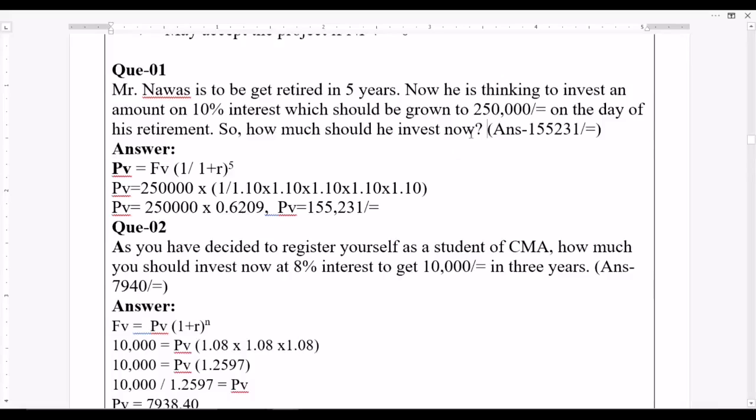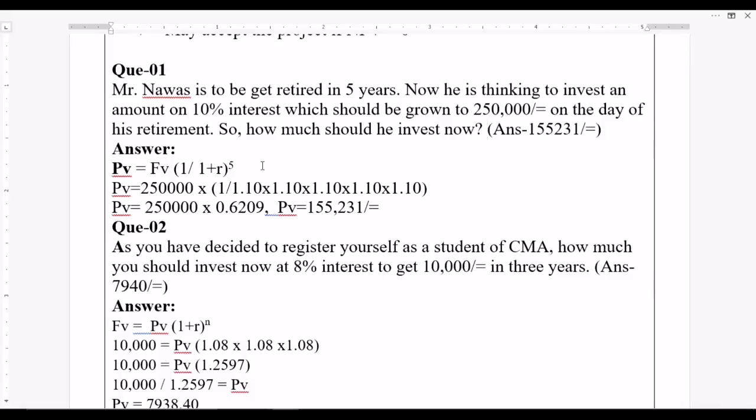Here you have to find the present value of the 250,000, because in the future he should get 250,000.